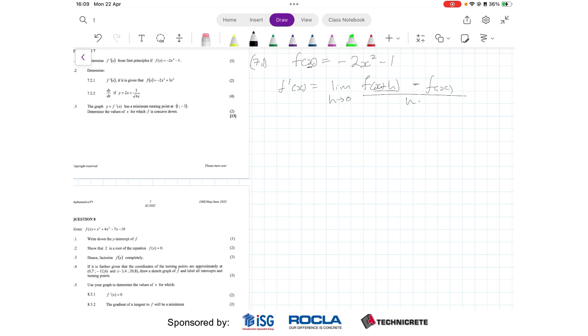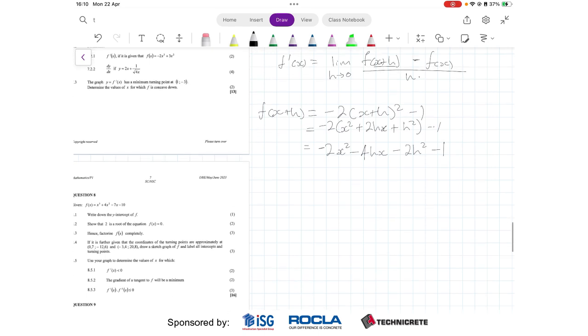So we're going to write f at x plus h is equal to minus 2 into x plus h squared minus 1, which is equal to minus 2 times x squared plus 2hx plus h squared, minus 1. And finally, this will be minus 2x squared minus 4hx minus 2h squared minus 1.